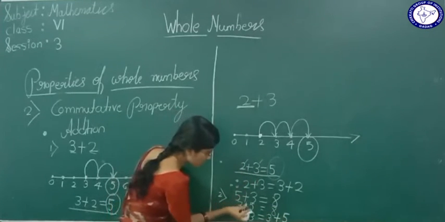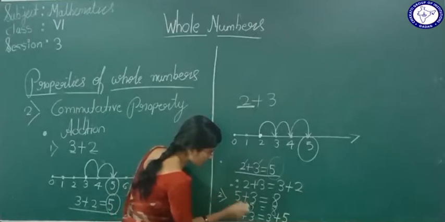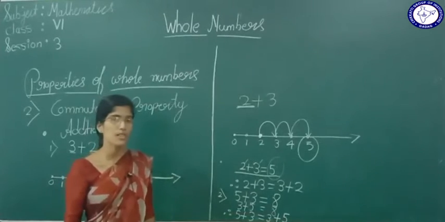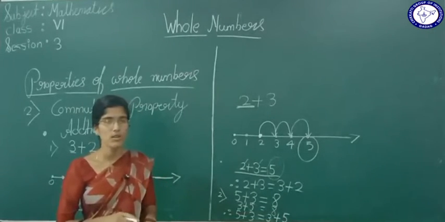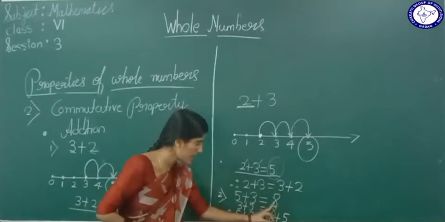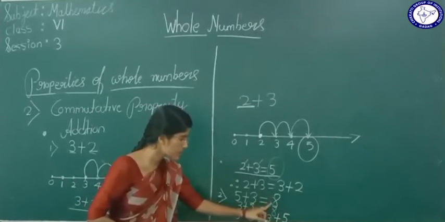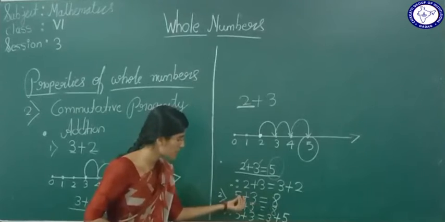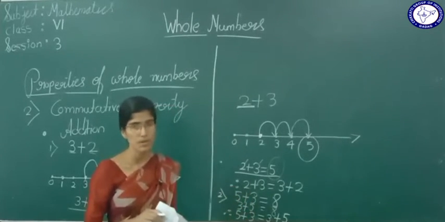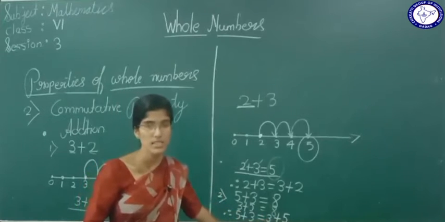If I change the position, if I take this number at the second place and this number at the first place, the answer is coming the same. Two whole numbers are said to be commutative if the result remains the same. Here 8, 8 only, no? If you interchange the numbers, the answer is still the same.